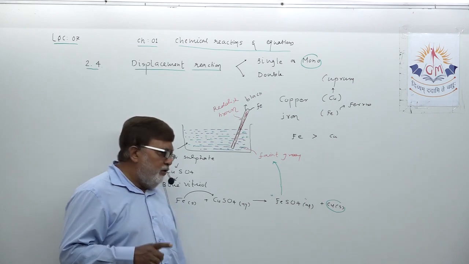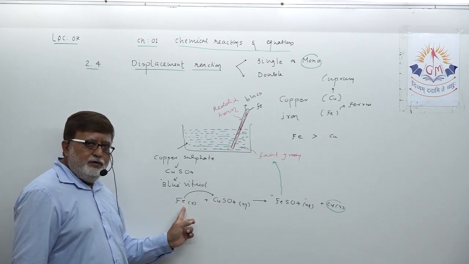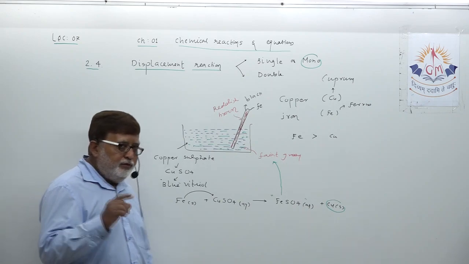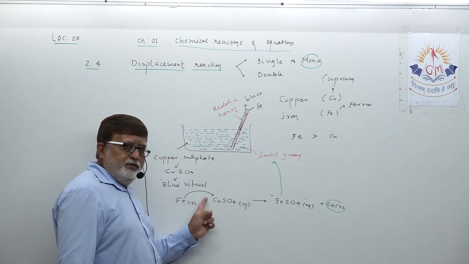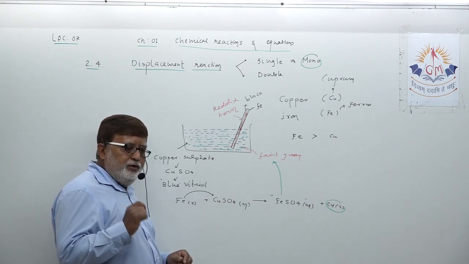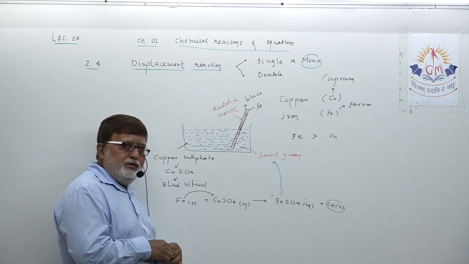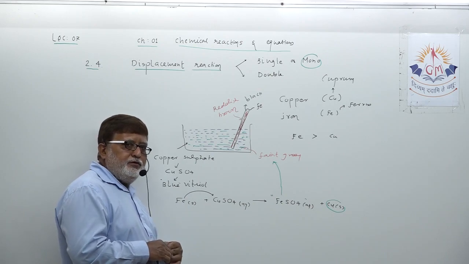So at that time, dear student, you have to compare the two metals. One is given free, one in compound form, and you have to decide whether the first metal is more reactive than the other metal. Wherever in the option you find that the first metal is more reactive than the other, then and only then does the displacement reaction take place.